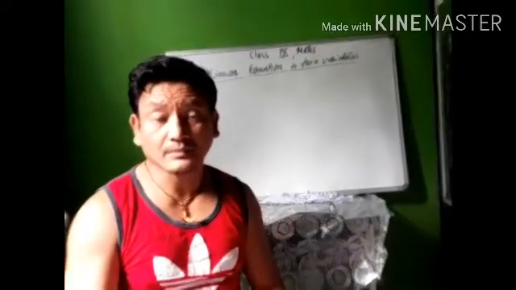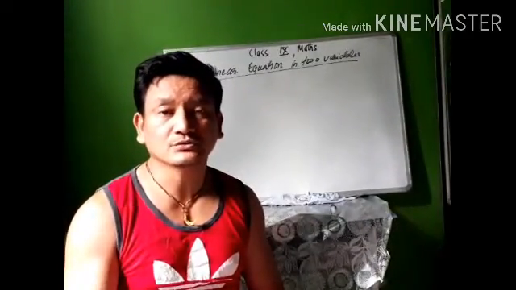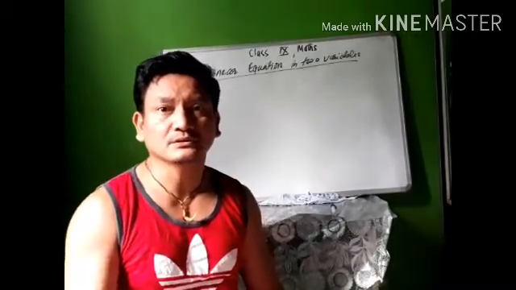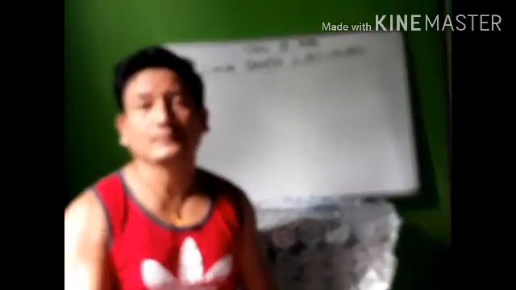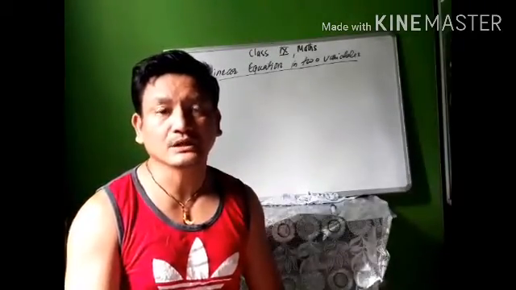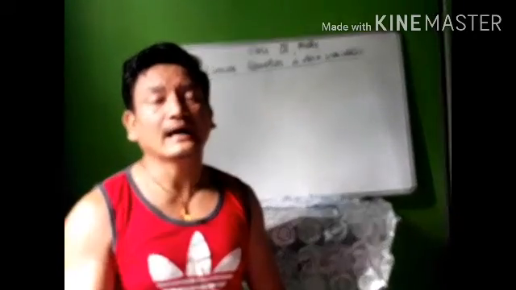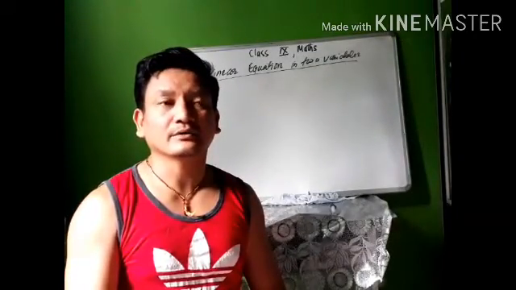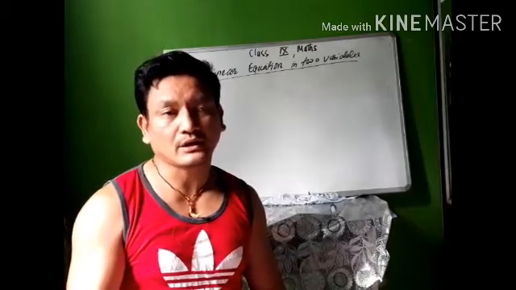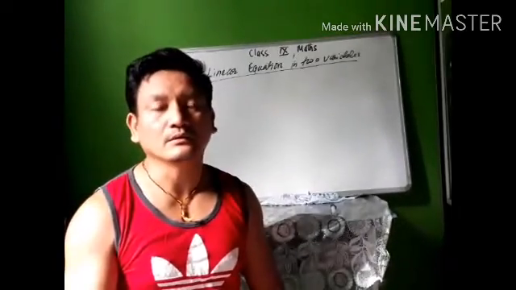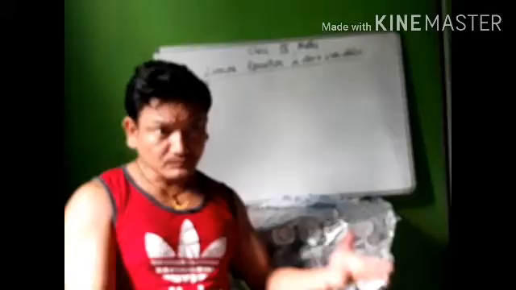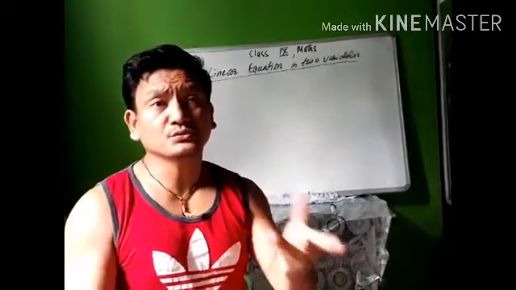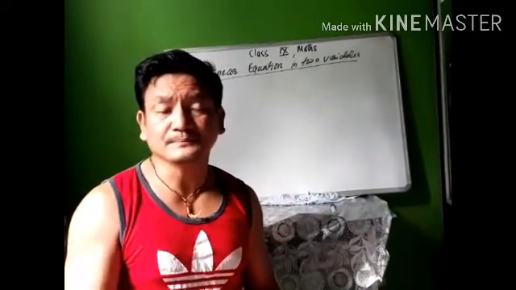Okay, so talking about the equation, the first thing that you need to know is that the word equation comes from the word equal. There you need to balance the two sides of the equation.